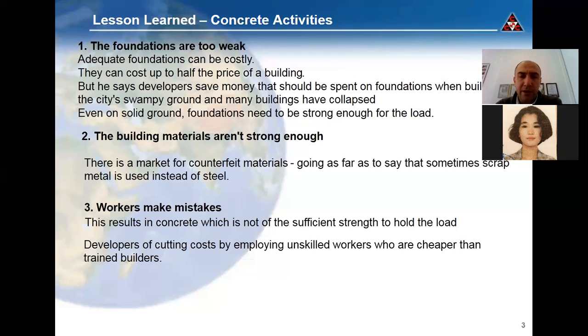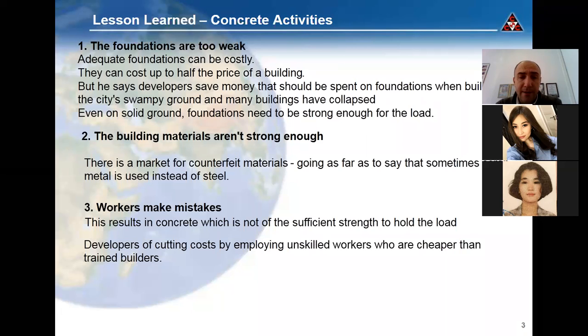So be accurate. If your workers make mistakes, it means you make mistakes. That's why it can lead to killing not only workers on the construction site, but also people who will live in that building.